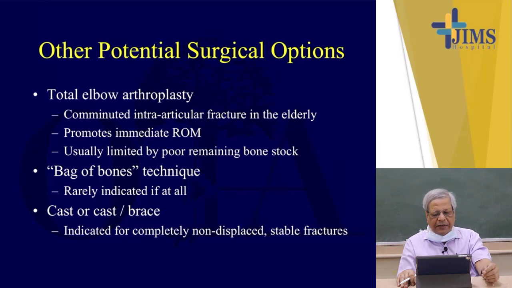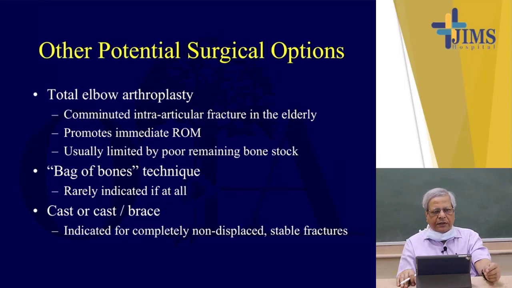Previously, the bag of bones technique was used. It's long forgotten now, quite obsolete, because that was maybe some 40-50 years back. Implants were not available at that time. Metallurgy was not good. Good quality stainless steel or titanium were not available. So at that time the fractures were ignored.